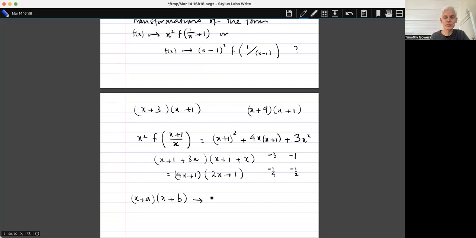x plus a, x plus b goes to, let's be a little bit careful about this. Well, it's x plus 1 over x plus a, which I will write as x plus 1 plus ax, x plus 1 plus bx.